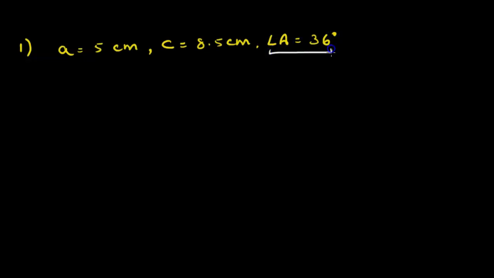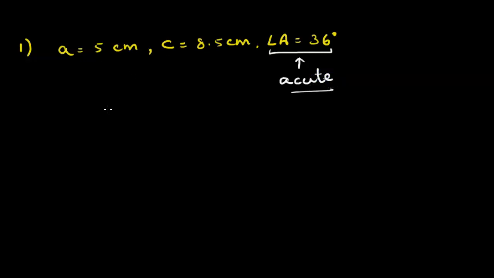Let's say we are given side A equal to 5 cm, side C equal to 8.5 cm, and angle A is given to us as 36 degrees. So the first thing that we have to look at is the angle that is given to us. Since this is an acute angle, we would follow the acute triangle ambiguous case situation.